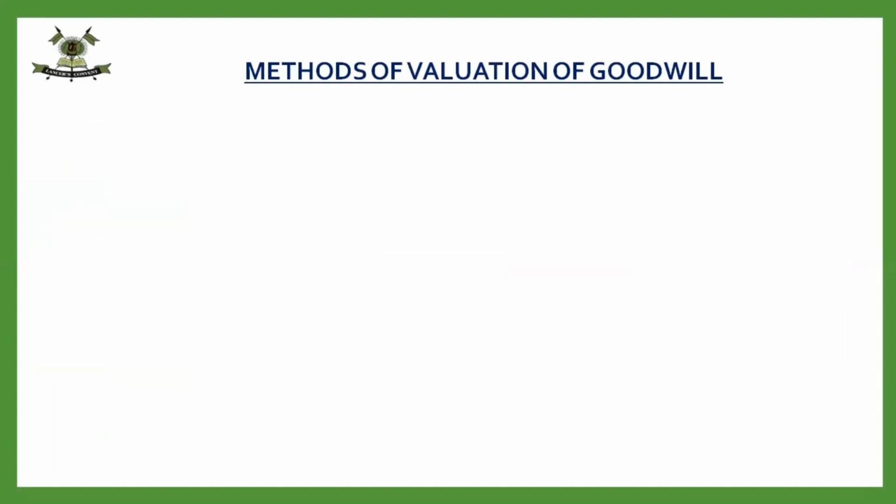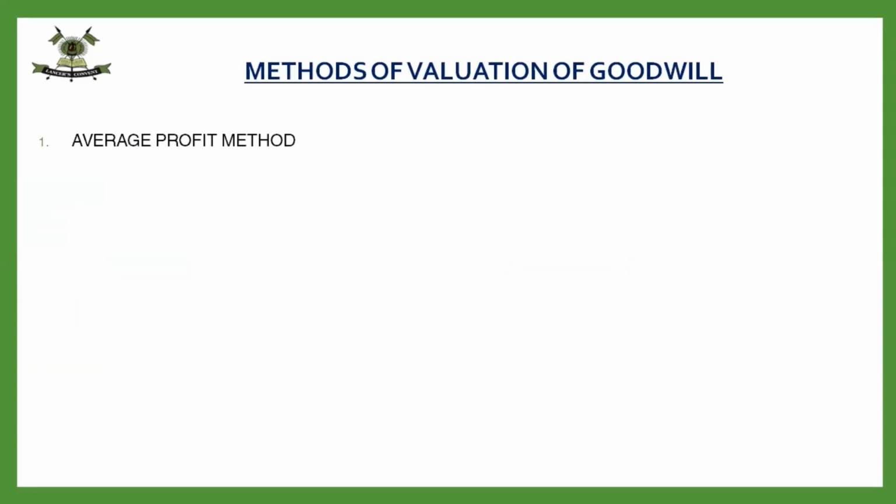Now we have discussed the method of valuation of goodwill. Fine. Just try to recall the methods that we have discussed so far. One was average profit method. Under average profit method, we discussed two methods. Just try to recall what are the two methods under average profit.